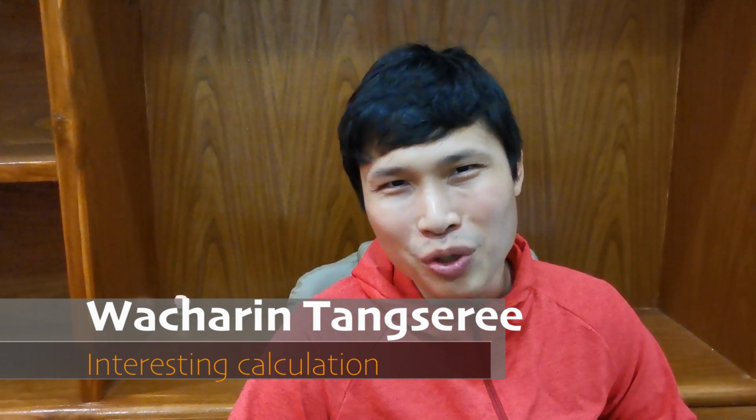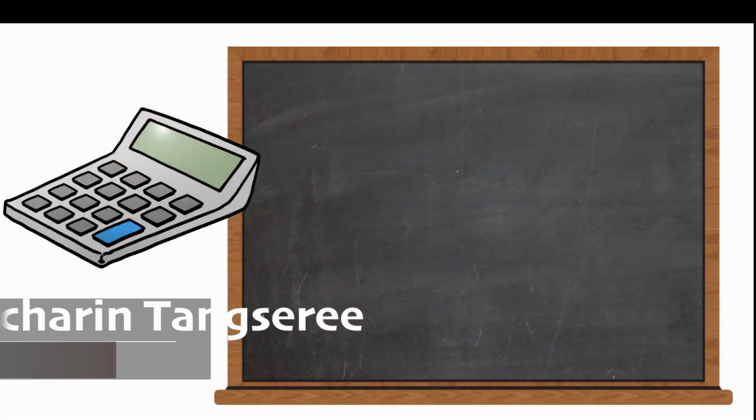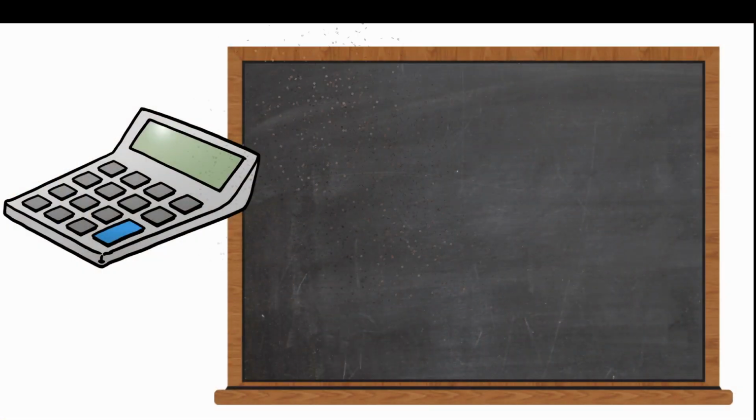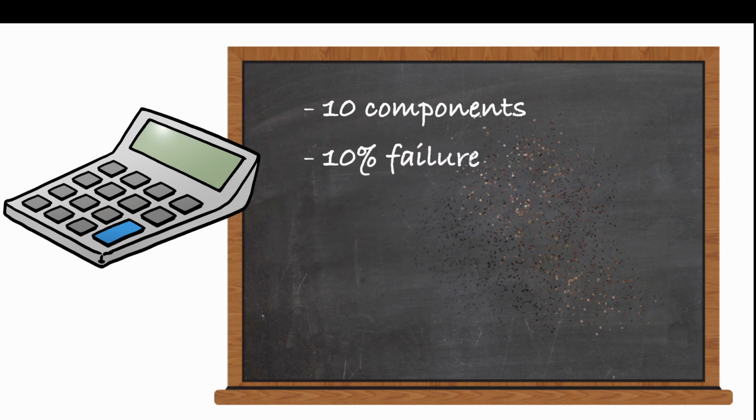I will show you some cool fact. Let's do some mathematics. If our system under test requires 10 components in the CI environment to work, and each component has a 10% failure rate. Basically, each time we run the test, there is a 10% chance that the component will be down.